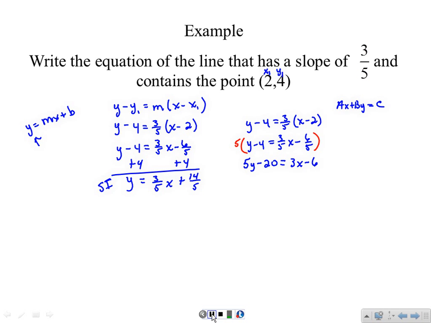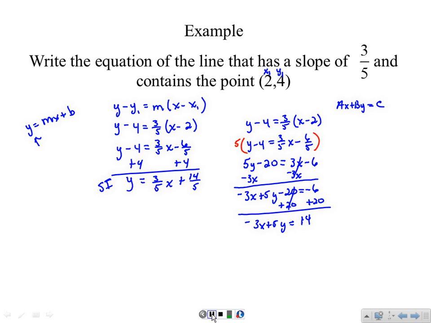Now I need to get the x's and y's on the same side, so we'll subtract 3x from both sides. And so I have negative 3x plus 5y minus 20 is equal to negative 6. So now I need to get this constant of 20 over here with this 6. So I have negative 3x plus 5y is equal to positive 14.